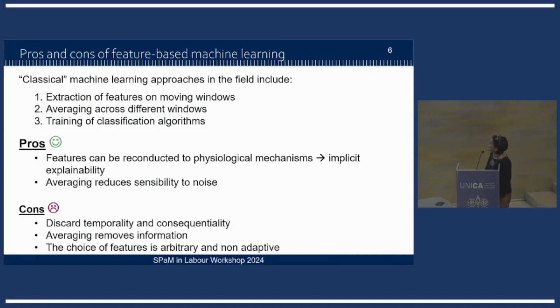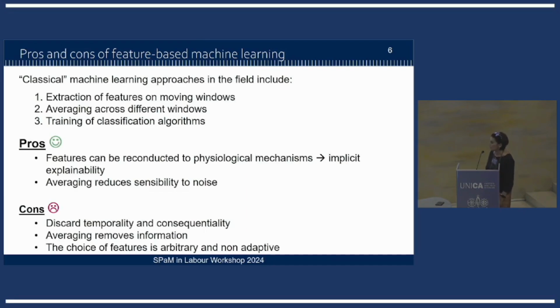Classical machine learning approaches have positive aspects, summarized in the pros. Features can be traced back to physiological mechanisms, and this is a very important point, as we have to translate to clinicians what we extract, at least in most cases, and having this correspondence helps this procedure.